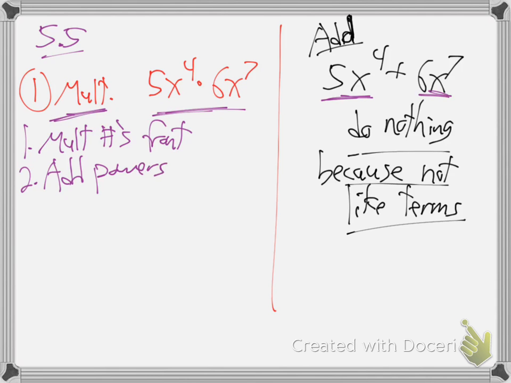So 5 times 6 is 30, and x to the 4 and 7 is x to the 11. So is that difference clear? The difference between multiplying and adding, subtracting. Because our next exam will have it all mixed up.